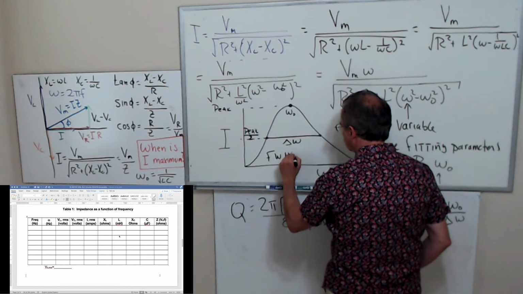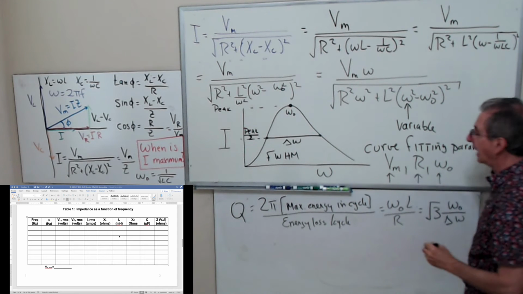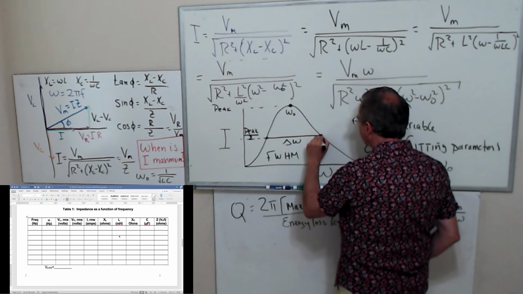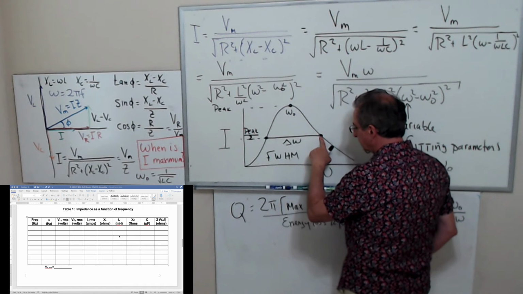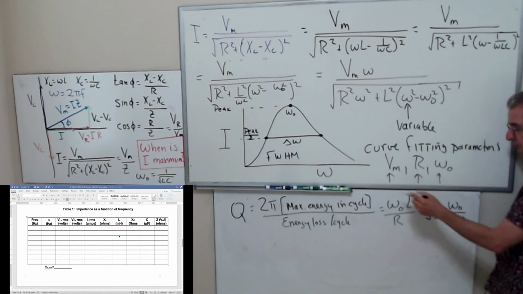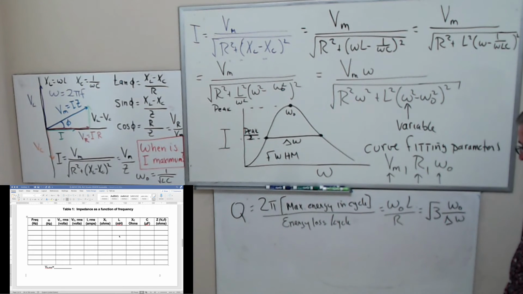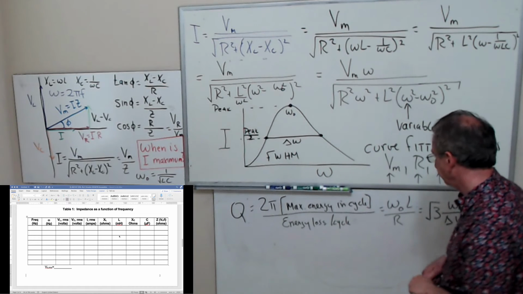This is called the full width at half maximum. And so you're going to determine this value and this value, calculate delta omega, calculate your Q this way and compare the results, and see if they agree, if the values overlap, including the uncertainties.